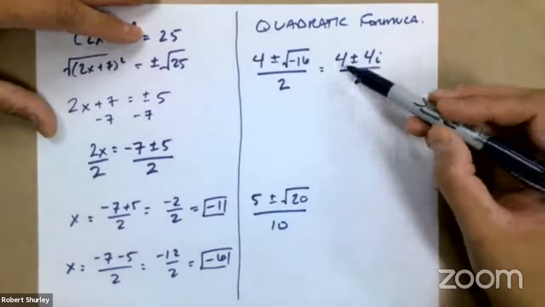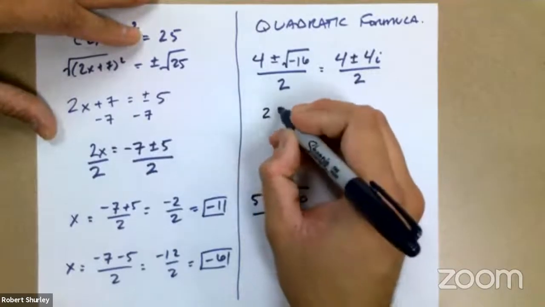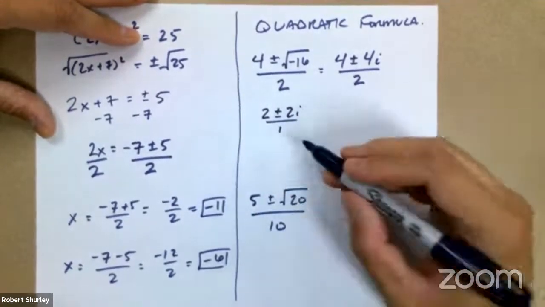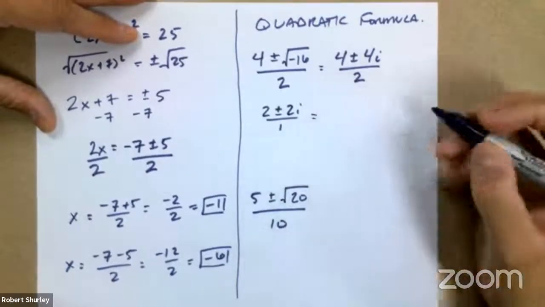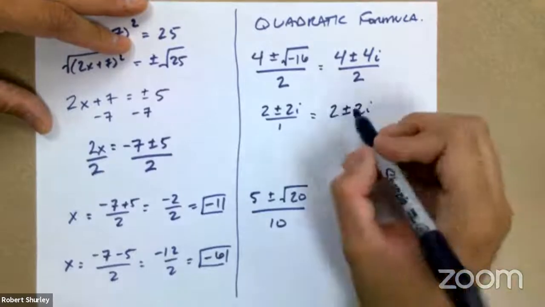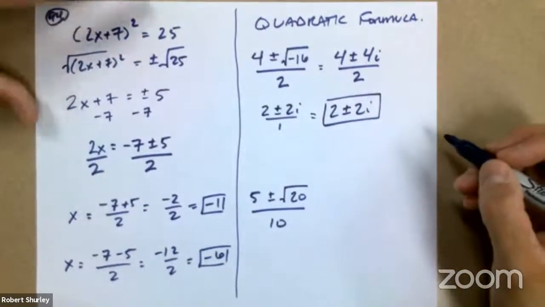Since they're all even, 2, 4, and 4, we divide them all by 2. And we wind up with 2 plus or minus 2i over 1. We don't write divided by 1 because anything divided by 1 is itself. So we just write this as 2 plus or minus 2i.